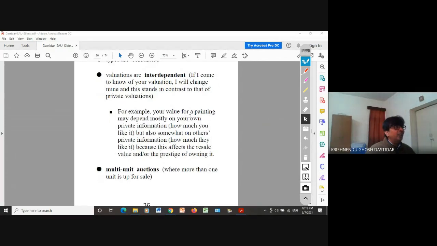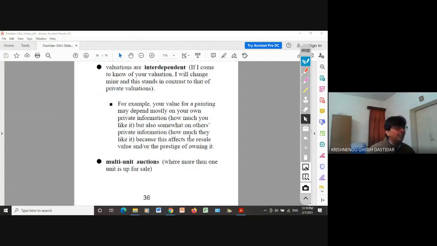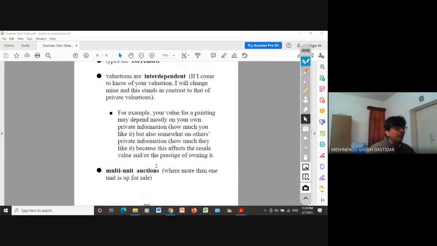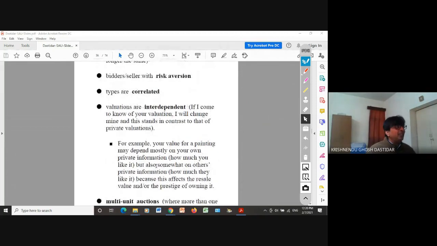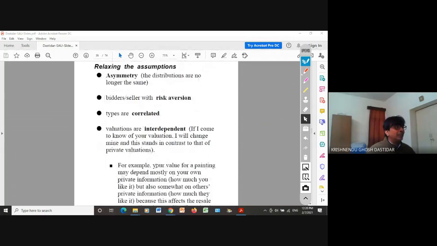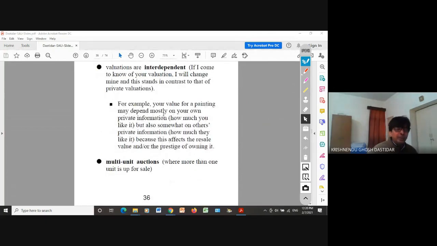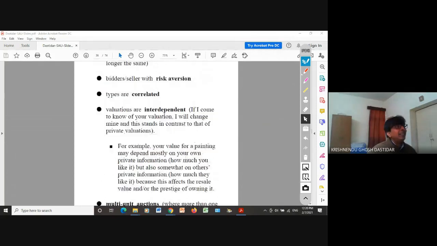For example, your value for a painting may depend mostly on your private information, how much you like it, but also somewhat on others' private information, how much they like it, because this affects the resale value and the prestige of owning it. Multi-unit auctions have also been analyzed, and these are relaxations of the assumptions. However, now I will talk about possible research problems within the canonical model.